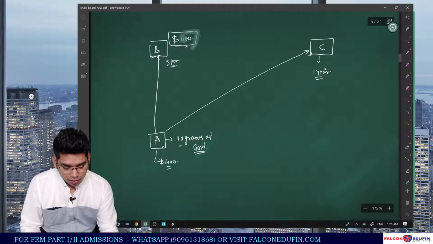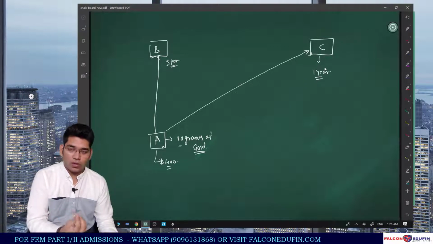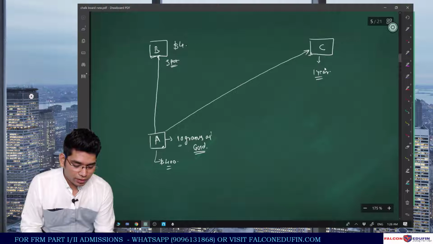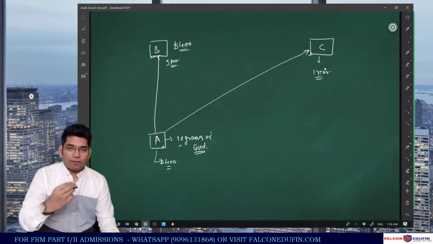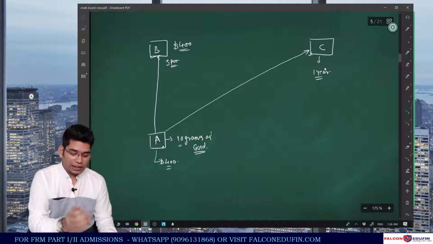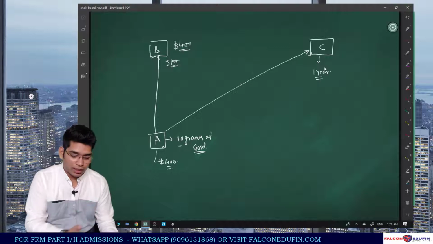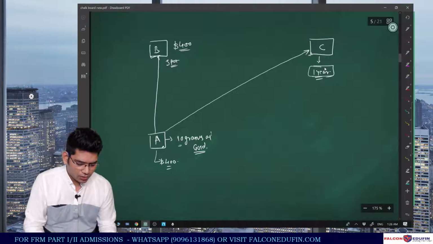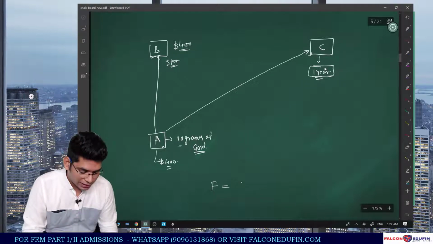When B and C come to A for the purchase of the gold, and B is offering $400, meaning it is a spot rate, the forward rate quoted to C must include the interest cost for the next 1 year, right? So in simple terms, we write it as: the forward rate quoted to C should be equal to spot rate plus interest.